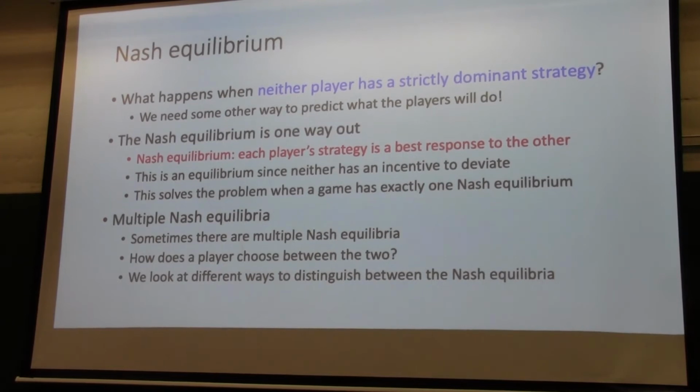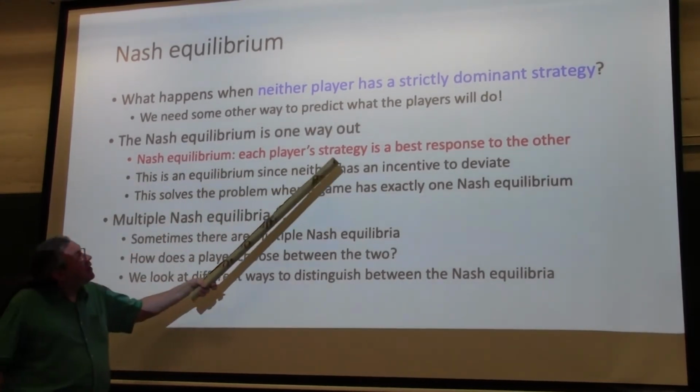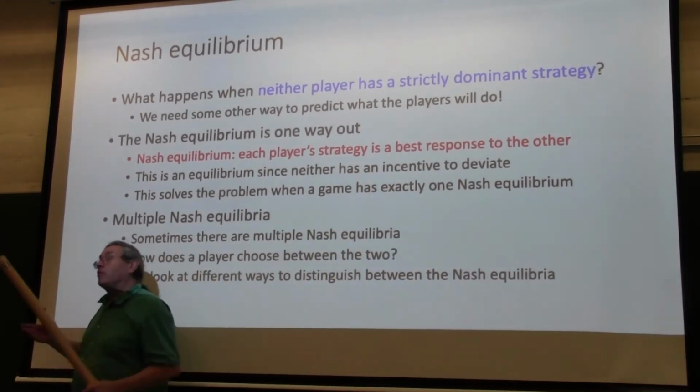So one solution is called a Nash Equilibrium. Now this solution was invented to solve this problem, but in fact it also models how people think. So what does it mean? The Nash Equilibrium says that each player's strategy is a best response to the other.